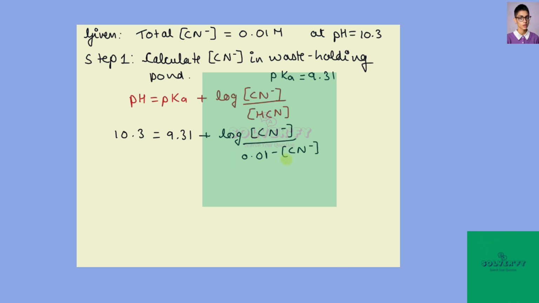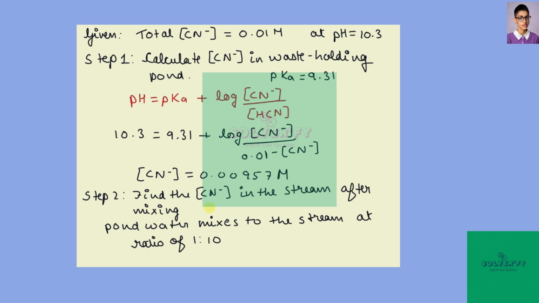Now by solving this whole equation, we'll get the concentration of the CN negative ions, which is equal to 0.00957 molar.